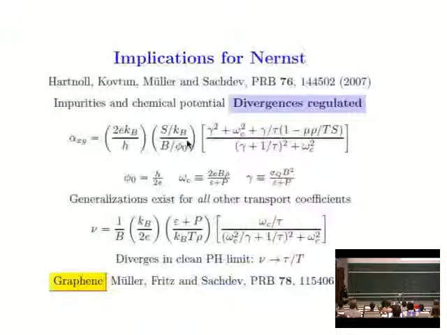But if you start to look at the Nernst coefficient, you can also look at this at finite chemical potential, and then what you see is that if you go back to the clean particle limit, it diverges, as I said it would, because it goes divided by sigma xx. But to tease such results out of that Boltzmann equation would have been an absolute headache.